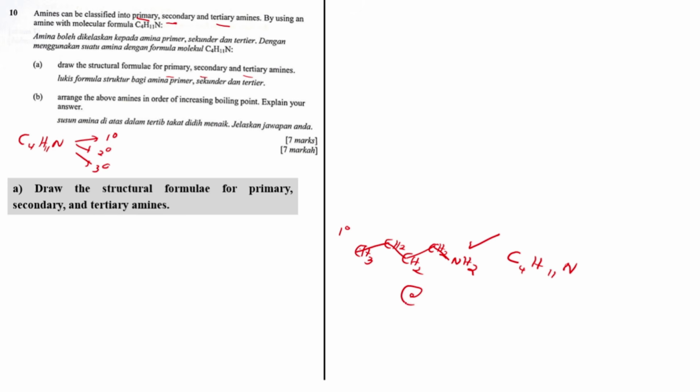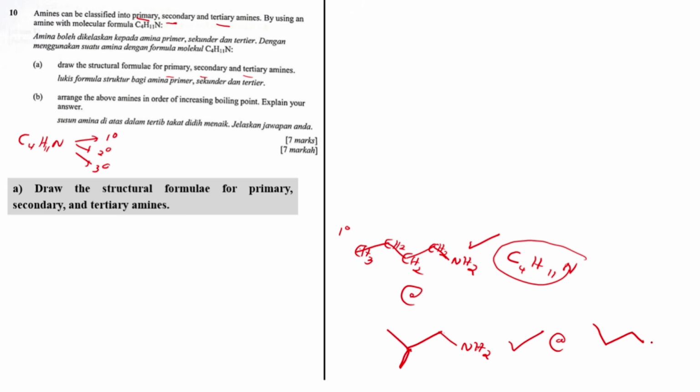Or if you want to draw a branch with 3 carbon, it is also okay. Let's say you want to draw something like 1, 2, 3, and then NH2, and then you make a branch here. This one is also accepted. When you count the carbon, hydrogen and nitrogen, the molecular formula is still consistent. You can make a branch here, or you can also make the branch up here.